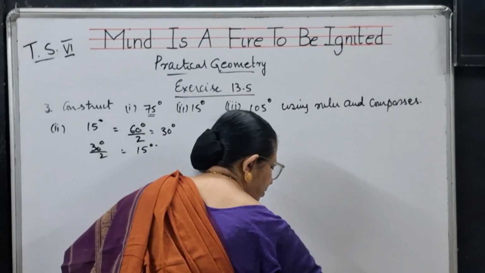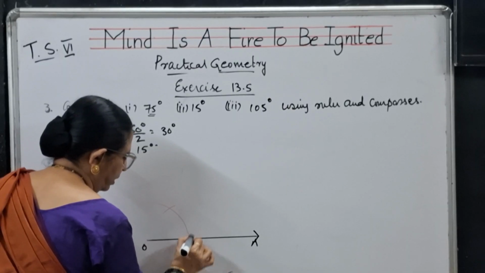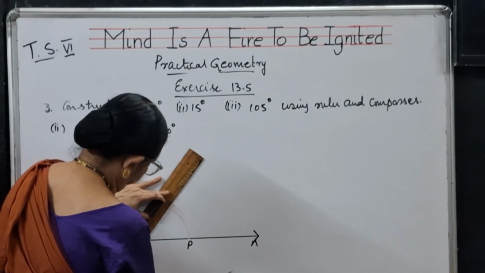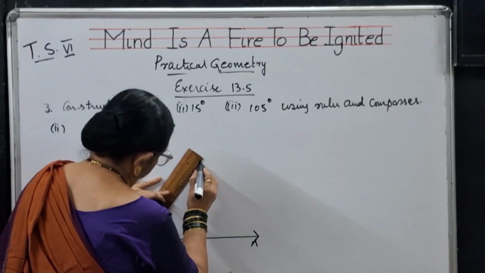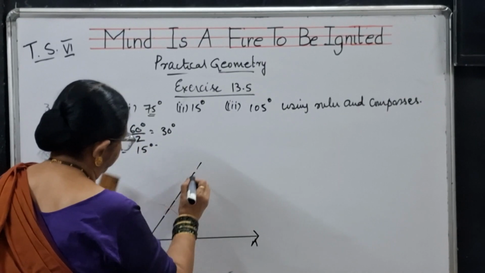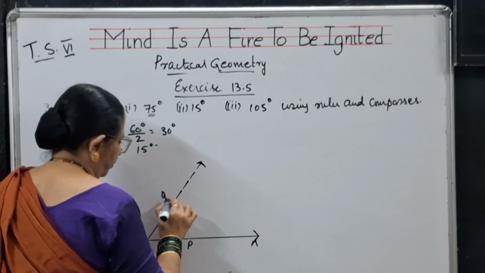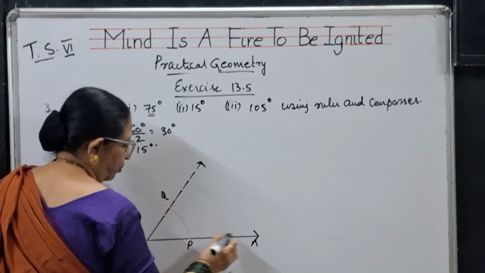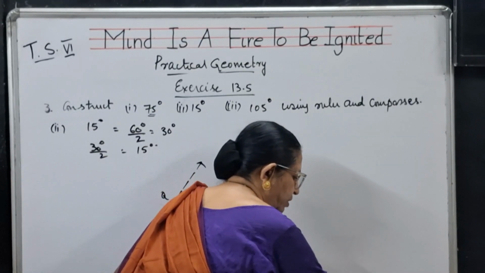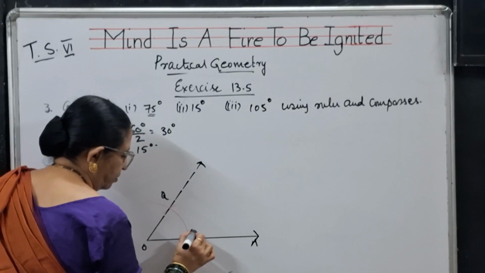So this is O and this is P. This is, let me write Q. Angle QOA, I can say that this is 60 degrees. This is measuring 60 degrees.